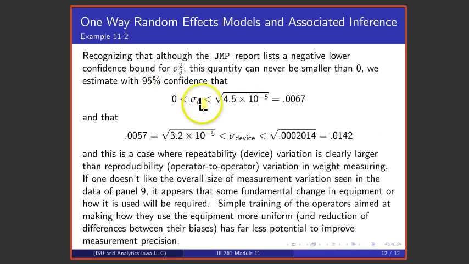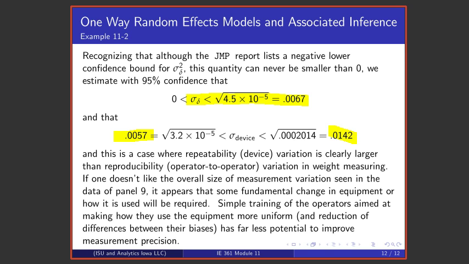Here is then what one knows about, or what one thinks one knows about, the standard deviation of the biases. With 95% confidence, that sigma is no bigger than about 0.007, and the repeatability standard deviation is between 0.006 and 0.014 with 95% confidence.